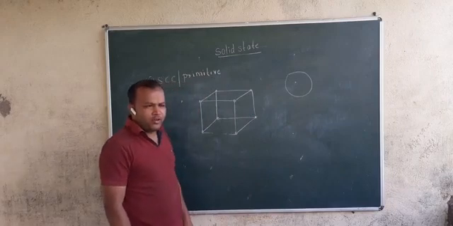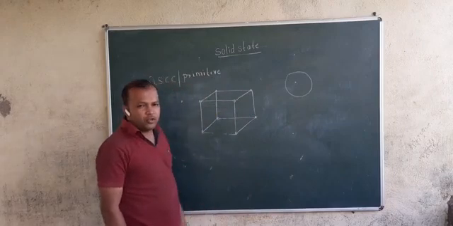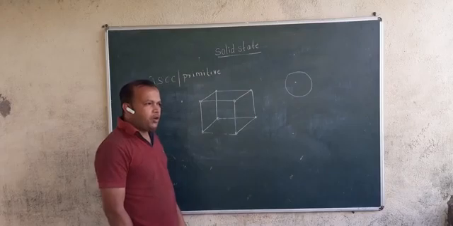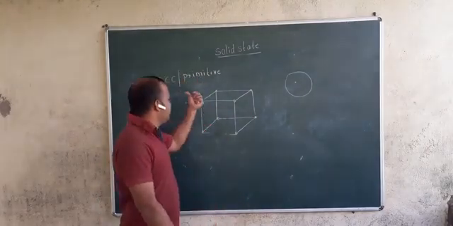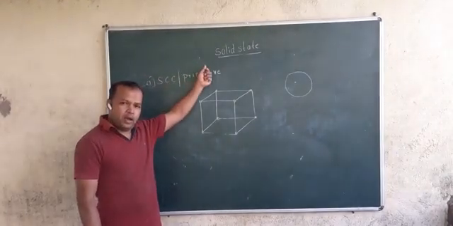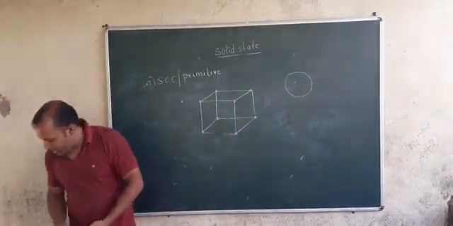So where 8 constituent particles are at 8 corners, we'll say it is simple cubic crystal.